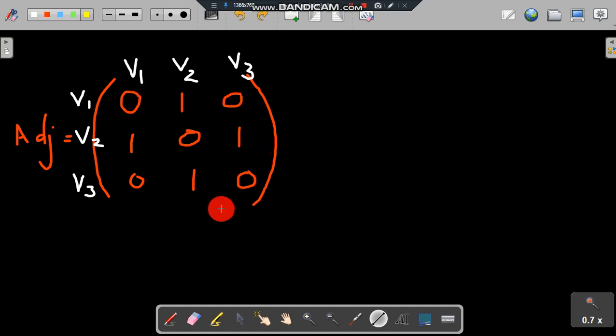Now look inside the bracket. 0 1 comes. Whenever 0 comes, the row vertex and the column vertex are not adjacent to one another. I repeat, inside this matrix, if 0 comes, that implies there is no adjacency between the row vertex and the column vertex.